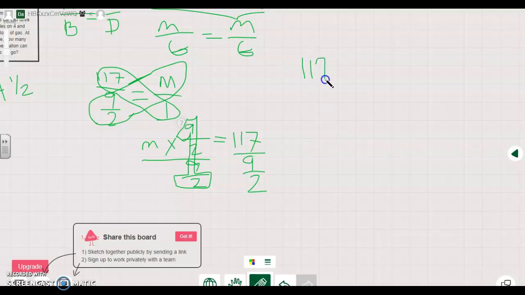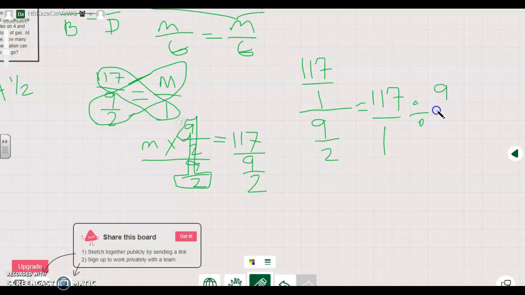I'm going to do 117 over 1. Now I have a fraction over a fraction. Now I can rewrite this in a little bit more handy way. So I'm going to write it this way.